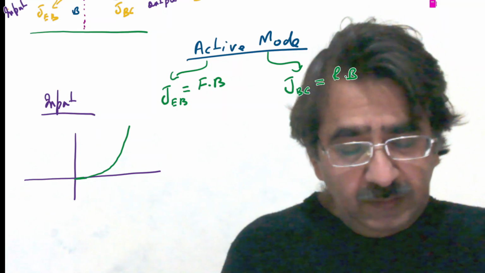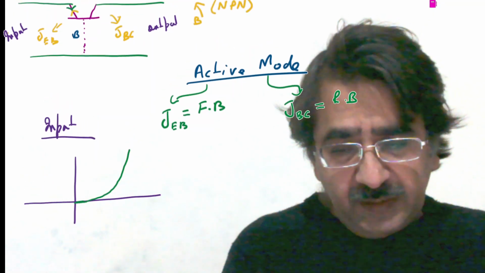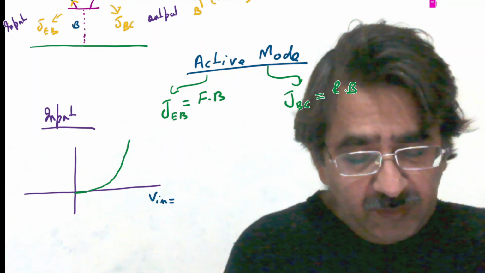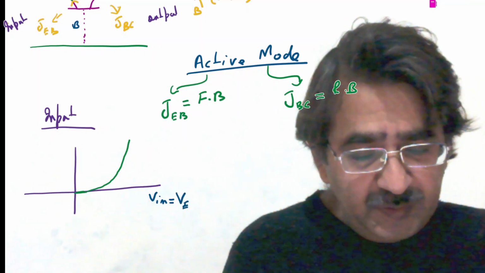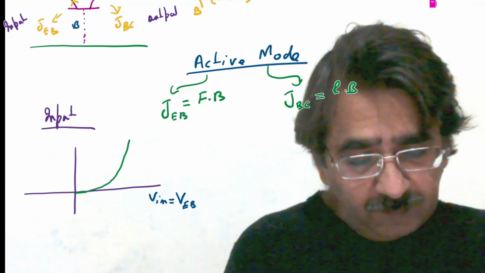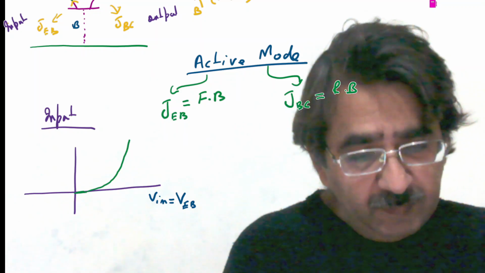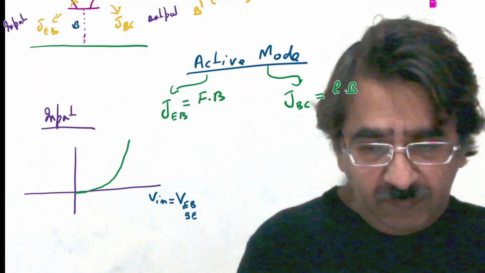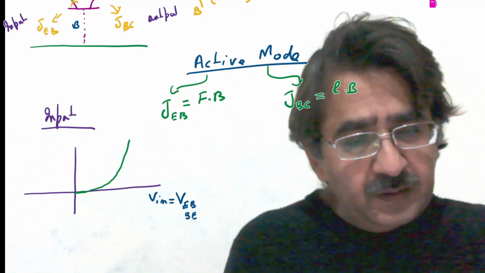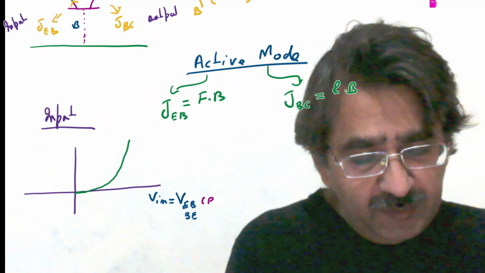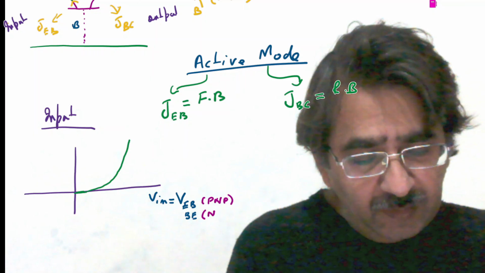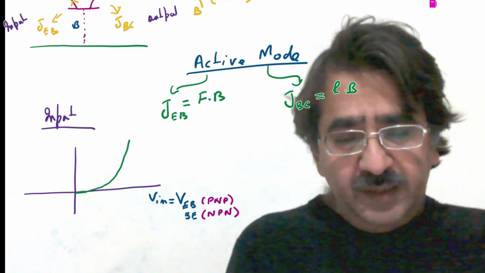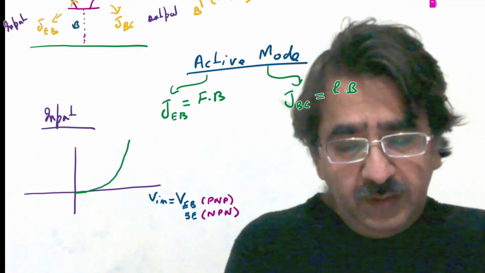The input voltage V in will be EB or BE. EB is for PNP transistor, because E will be high for PNP, and BE is for NPN transistor, because in NPN the base will be high.